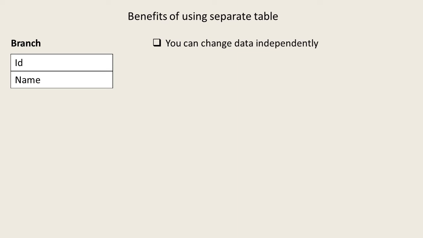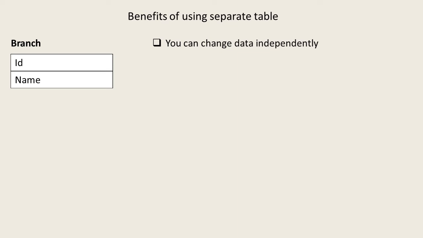It's quite possible that your branches are used in many tables, and if you rename a branch in one table, you will probably forget to rename it in a different table, especially if you have many hundreds of tables. And after that, your tables will become not synchronized with each other. One table will still show the old branch name, and another table will show the new branch name, so you will have some mess within your data.